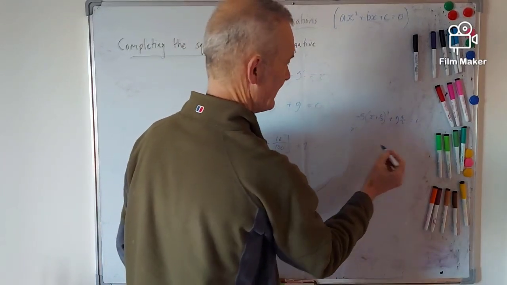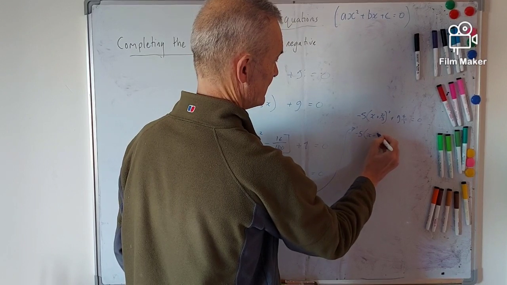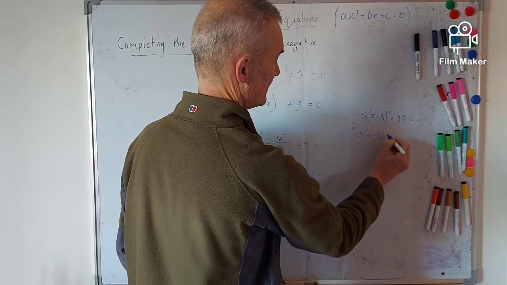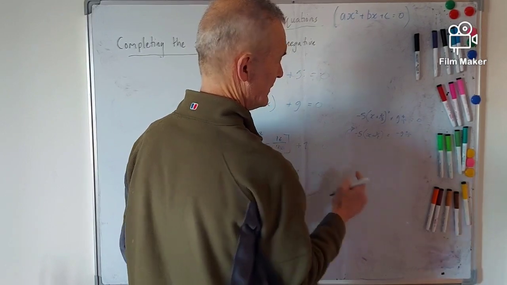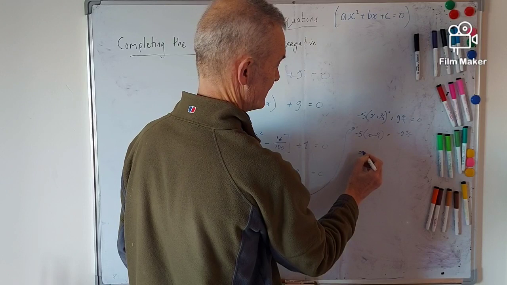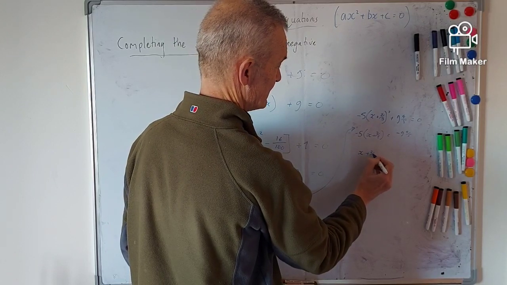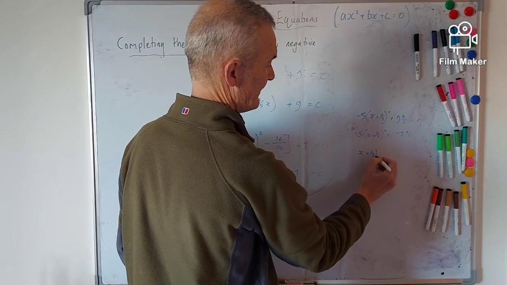So we'll take this to the other side first. Okay, then we want to divide by -5. So I missed the squared out there.